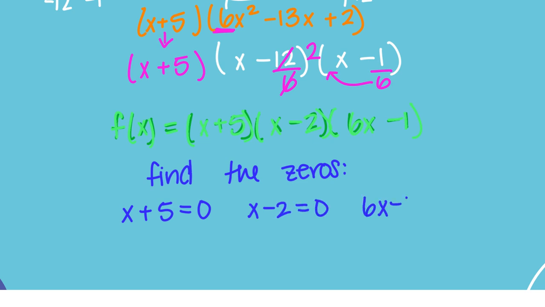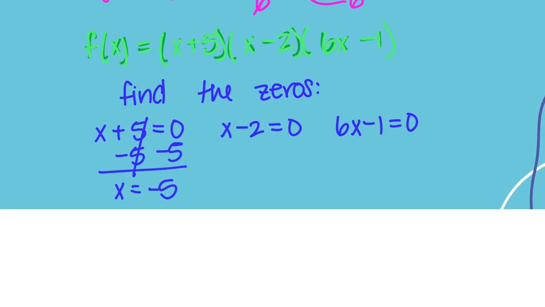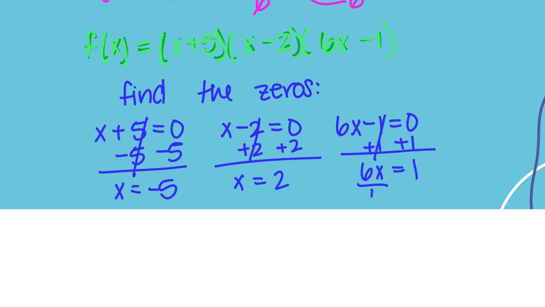And 6x minus 1 equals 0. So I'm subtracting 5 from both sides of my equal sign. Please do not get these wrong. Write it out if you have to. I highly recommend it instead of trying to do it in your head, because I still have people getting these wrong. Add 1 to both sides. 6x equals 1, divide by 6. And it's going to be x equals 1/6.